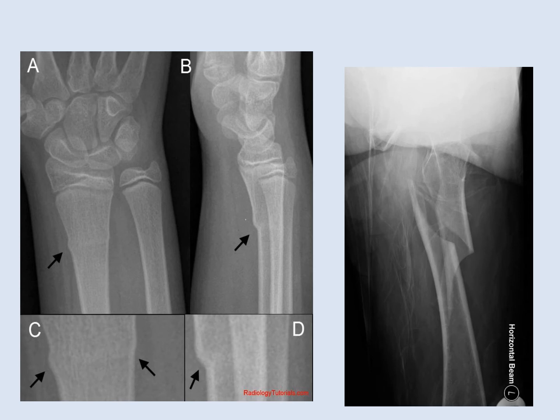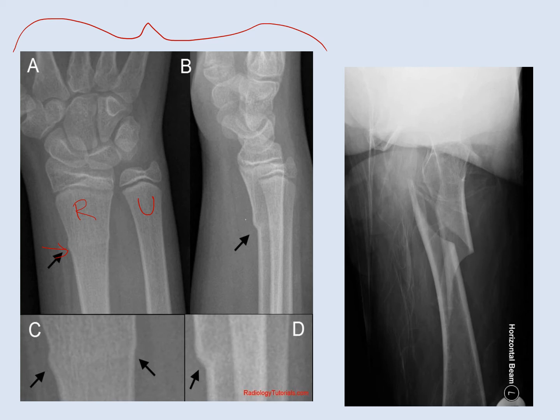Okay, our bones on the left, all four of these are looking at one break, A, B, C, and D. Again, we're in the wrist. Here is our radius, here is our ulna, and it doesn't really look like there's a break there. I mean, look at where our little arrow is pointing right here. Nothing's broken. We don't see any gap.